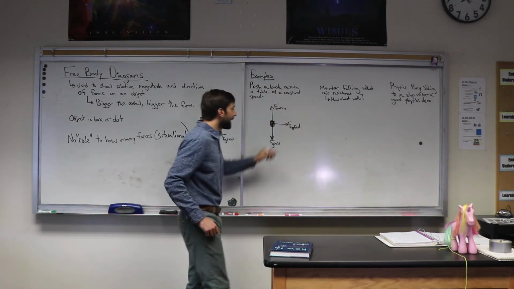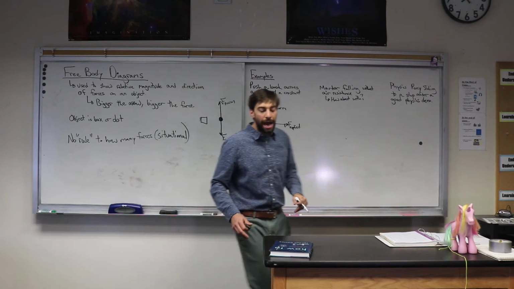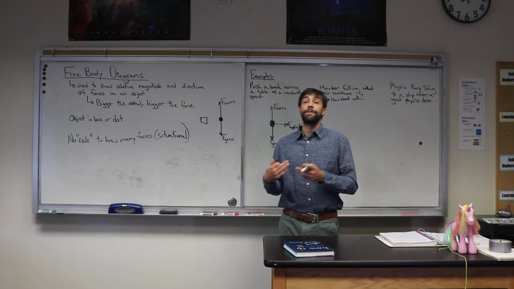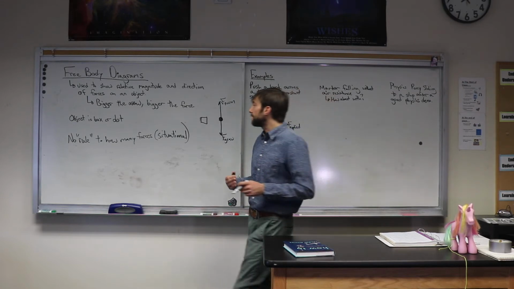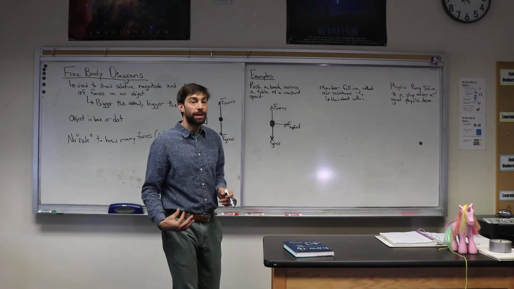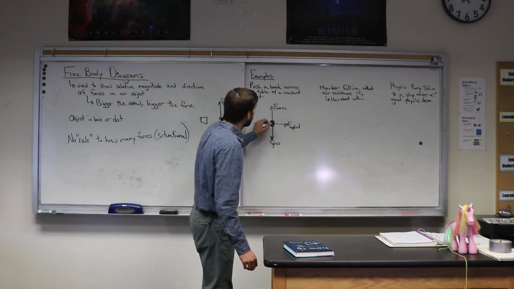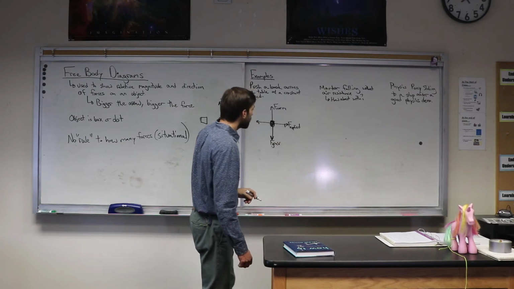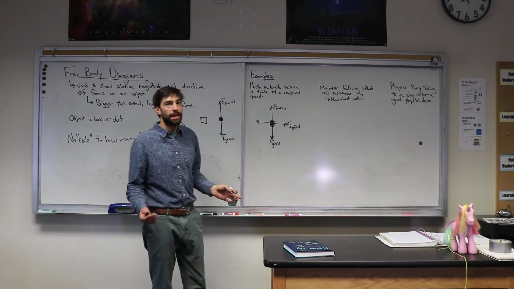Okay. And it's moving at a constant speed, so we know that if something is moving at a constant speed, the forces should be balanced because there's no acceleration. So we should have a force going in the other direction. Well, what force is this?